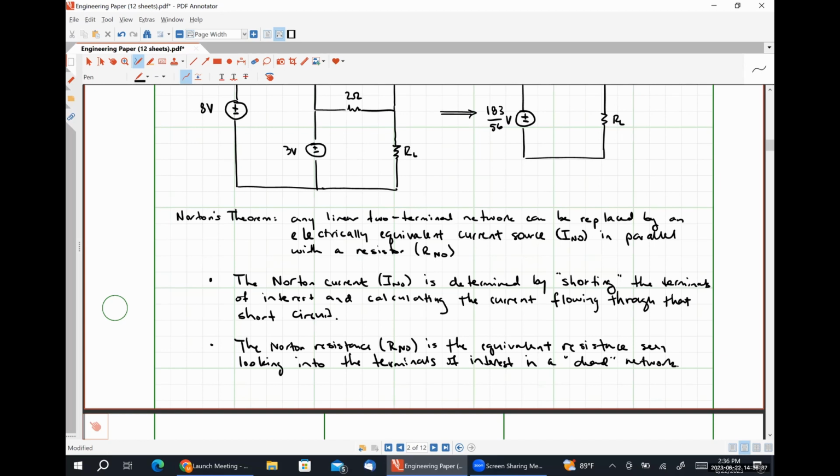So the Norton resistance is literally the exact same thing as the Thevenin resistance. So I'm going to make a note of that here.